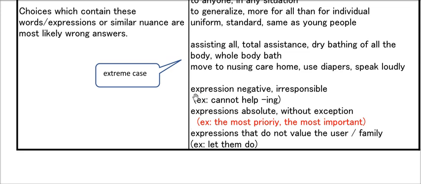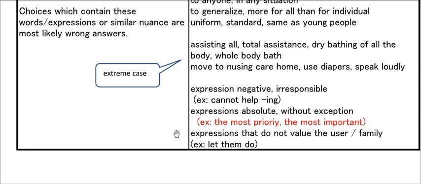In summary, negative or irresponsible expressions, such as he cannot help it. Expressions that are absolute or without exception. These are most likely wrong answers. Examples such as the most priority, the most important, such and such.